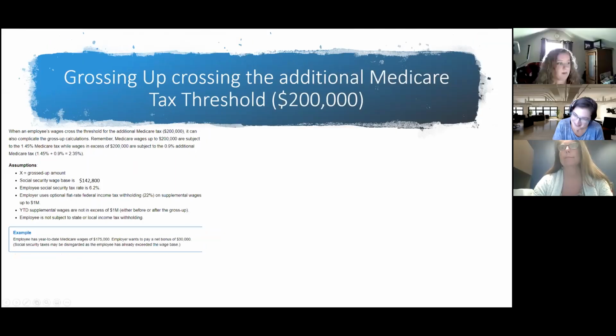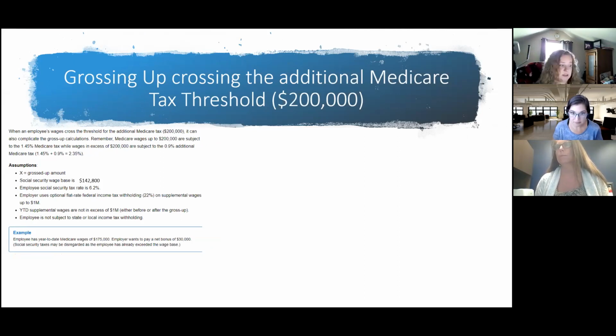Thank you, Manon. All right, so real quick, I just wanted to look at that example that we didn't have time for yesterday for a gross up going over the additional Medicare tax threshold. So basically you have to do two pieces of it, because part of it is going to be taxed for an additional amount than the rest of it.